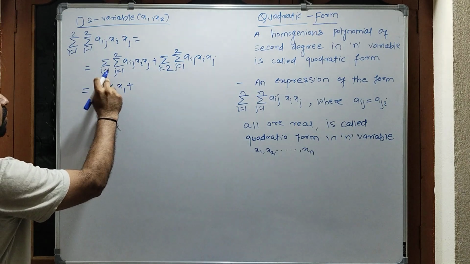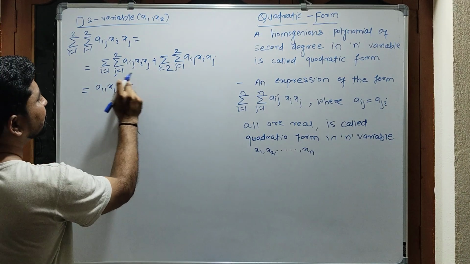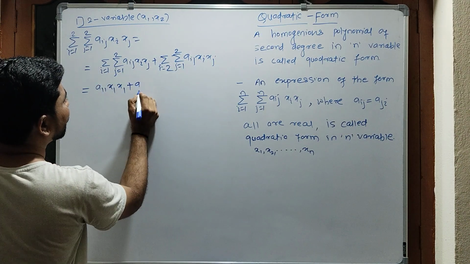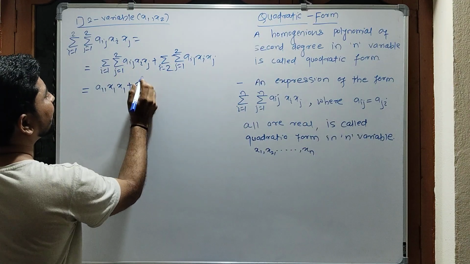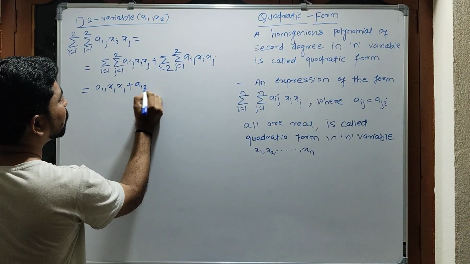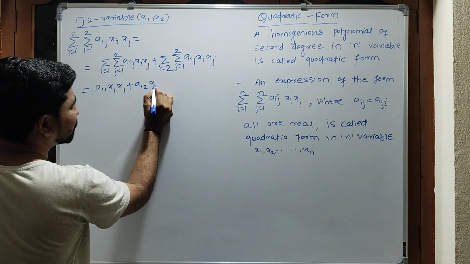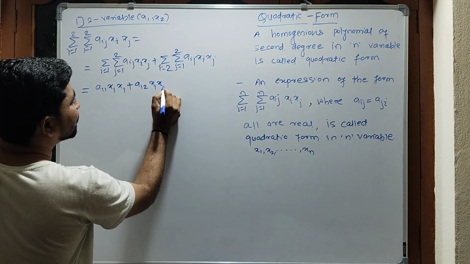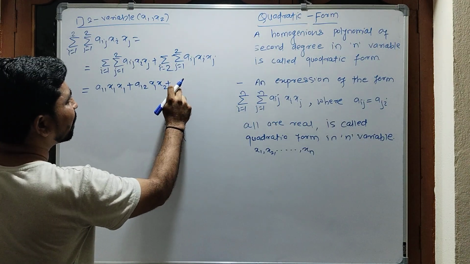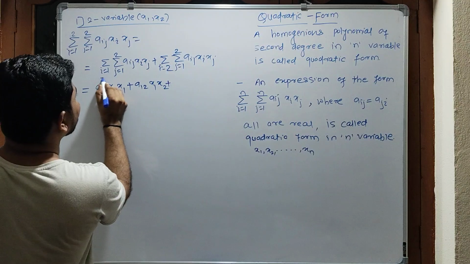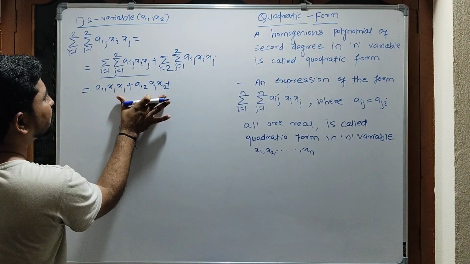Since again i is 1, here j is now 2, so a_12 x_1 x_2, plus. So this part is over.